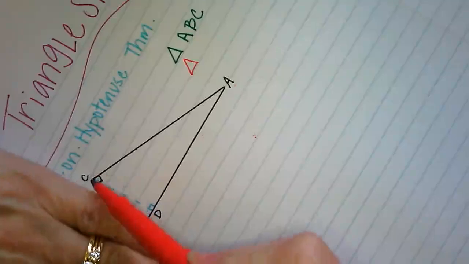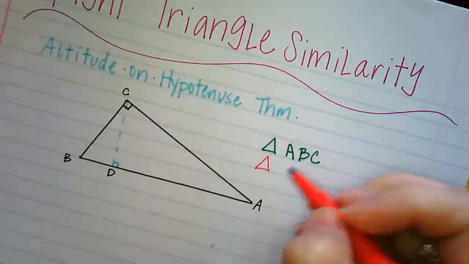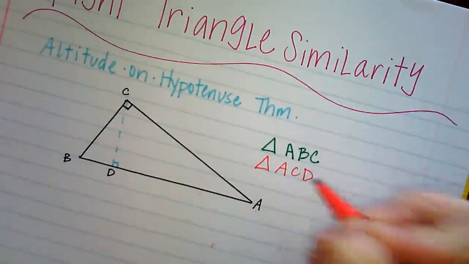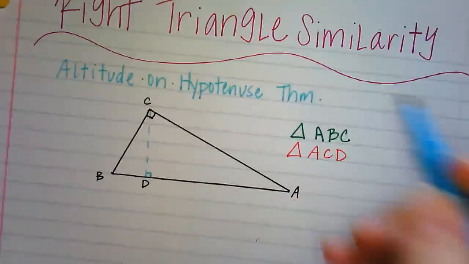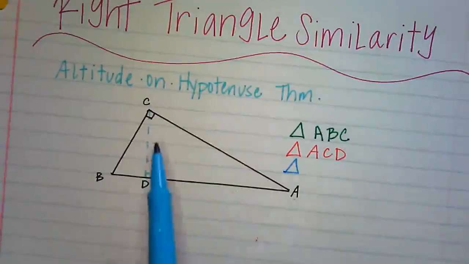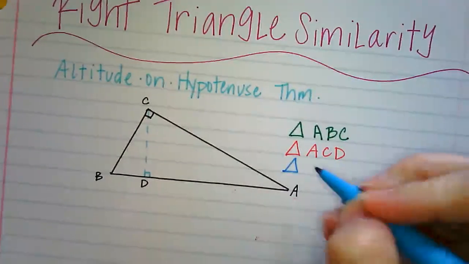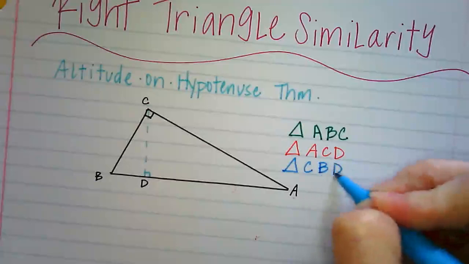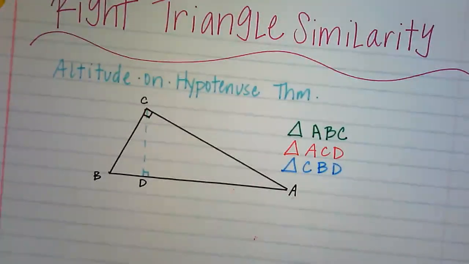Her hypotenuse to the right angle is ACD. So Mama Bear is ACD. Then we have Baby Bear, and Baby Bear's hypotenuse is CB to the right angle D. So CBD. Those are the 3 triangles that we're working with.